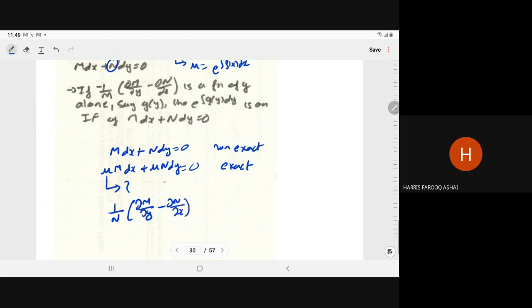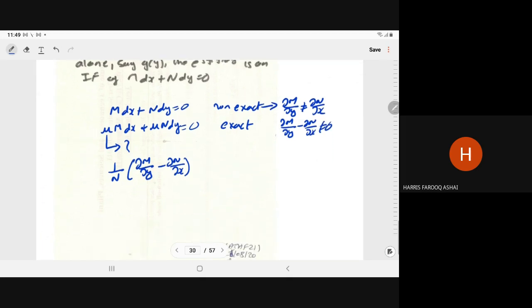When I am saying that it is not exact, this implies that del M by del y is not equal to del N by del x. It means del M by del y minus del N by del x is not equal to 0. If you divide that factor by N and it is a function of x only, there is no term of y, let's say f(x), then the integrating factor is e to power integral f(x) dx.